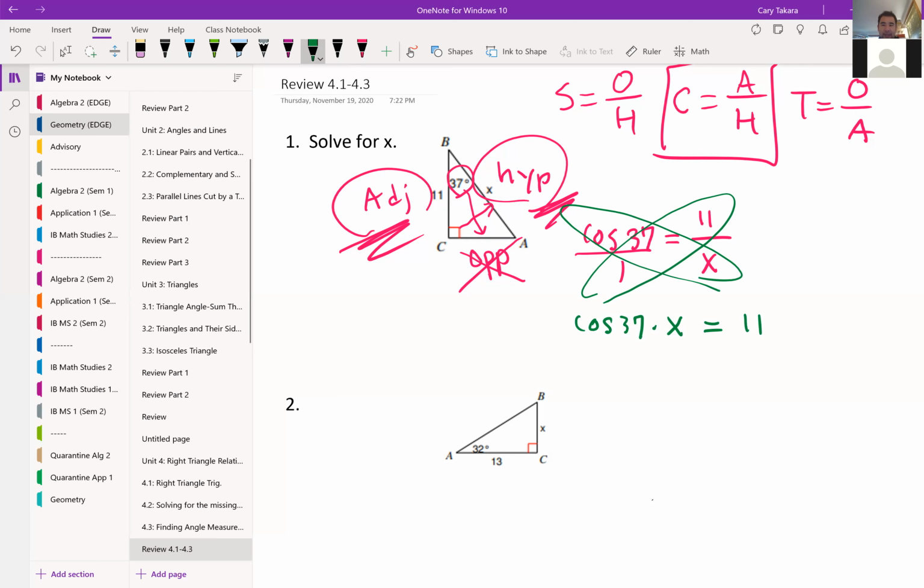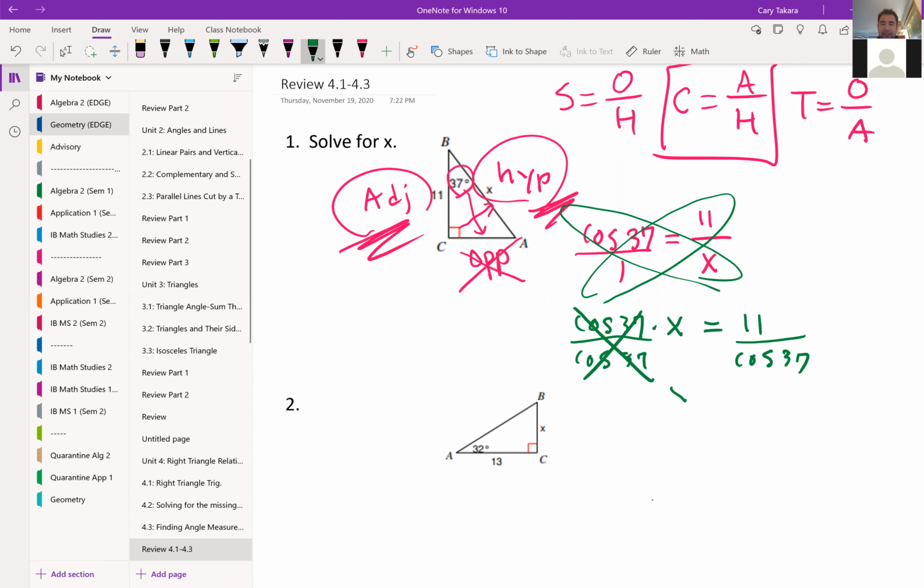Since you want to solve for x, we need to get rid of cosine of 37 by dividing both sides by cosine of 37, and that cancels out. So x equals 11 divided by cosine of 37. Take out your calculator: 11 divided by cosine of 37.